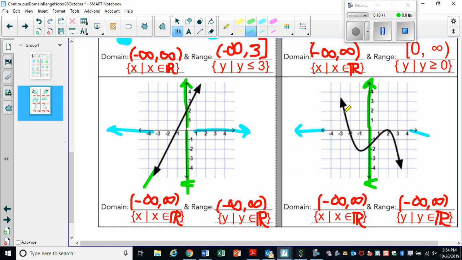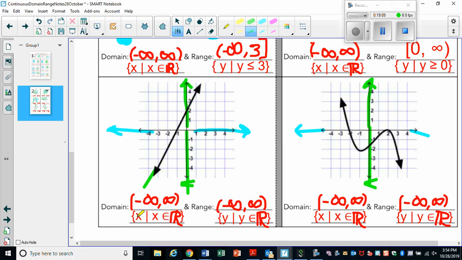Similarly, this one starts somewhere on the left, but somewhere way up high, and it ends at the bottom, but it keeps on going forever and ever to the right. So it starts from the upper left, ends at the bottom right, but they go on forever and ever. So again, domain and range for these last two problems are from negative infinity to positive infinity.